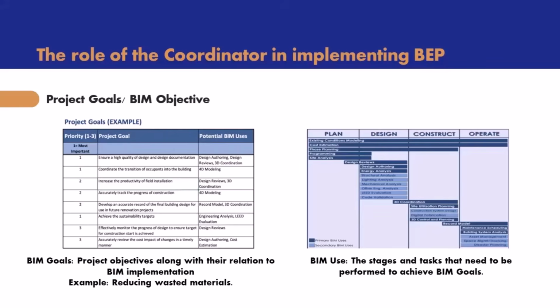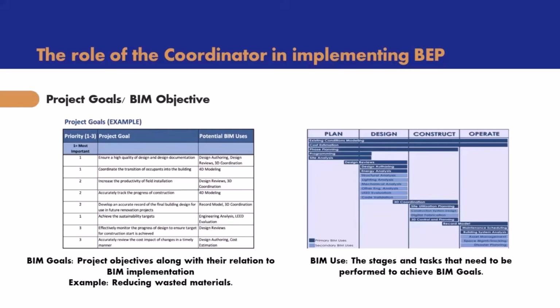For example, a client says that I want less lost materials, or that I want less time to be spent on building a project. Hence, you should categorize the goals in relation to the implementation of BIM, which is called project goals. In this chapter, as you can see in this list, there are some goals. Well, these are defined based on the needs of the client.